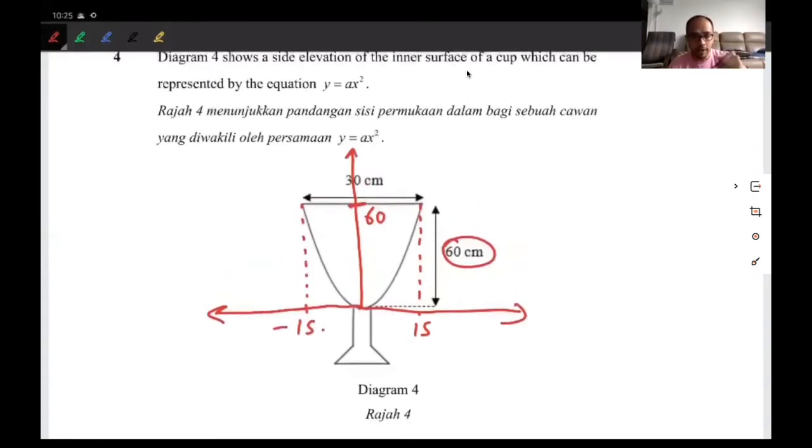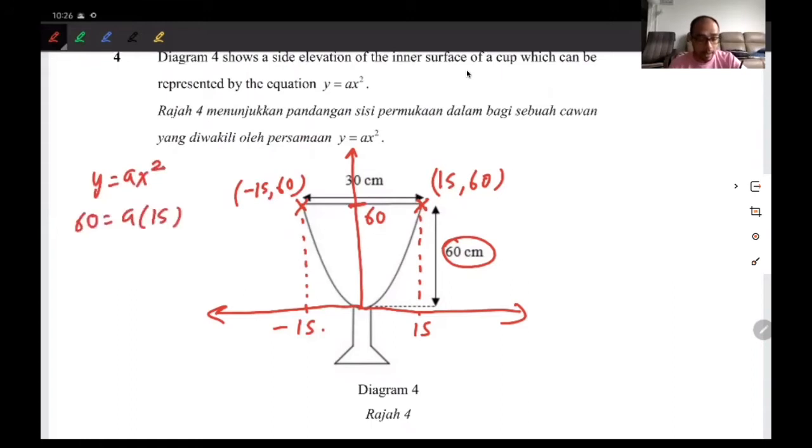Now, in order to find the value of a, I know that this coordinate over here is (15, 60), and this coordinate over here is (-15, 60). So I have values of y and x, and I can use either. If y equals ax squared, y is 60, x is 15. So 60 equals a times 15 squared. I can find the value of a: 60 divided by 15 squared.